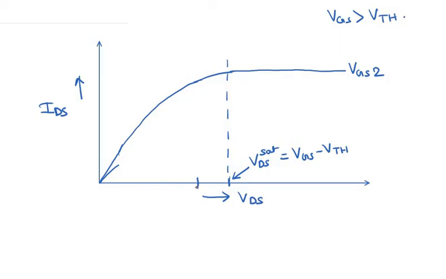So let us say at this value my saturation VDS is reached now. So VDS1 set is equal to VGS1 minus VTH. This is VDS2 set, which is equal to VGS2 minus VTH.